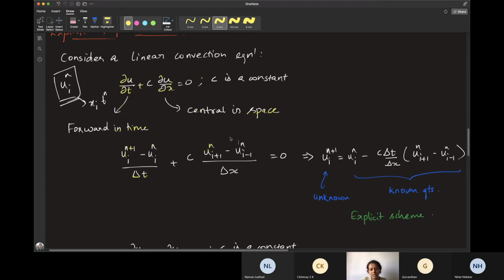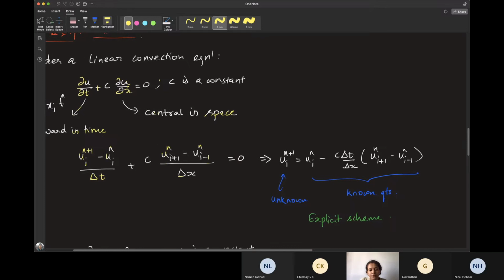So both of these difference operators have been obtained by writing these terms with respect to ui n only. That is, the difference operators are written with respect to this point ui n. So now with respect to this point, when you do forward in time and central in space, this equation is obtained.